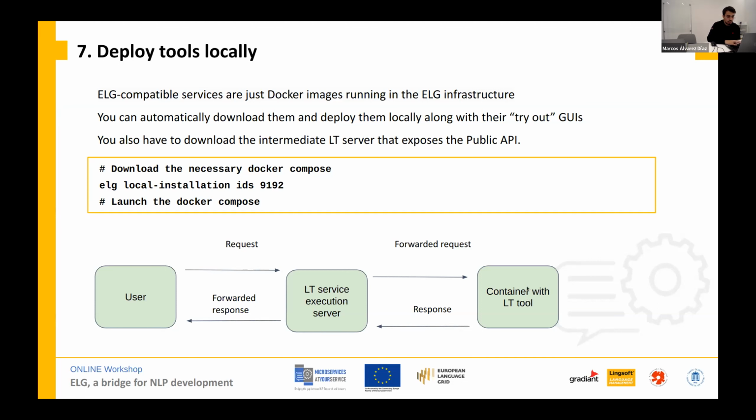The tool you want to use will be deployed in its container, and there will also be deployed the service execution server that goes in the middle and allows you to interact with it with the ELG API. So for you, it's the same, you can use the Python library in the same way, because it implements the API, so it facilitates things for the user.